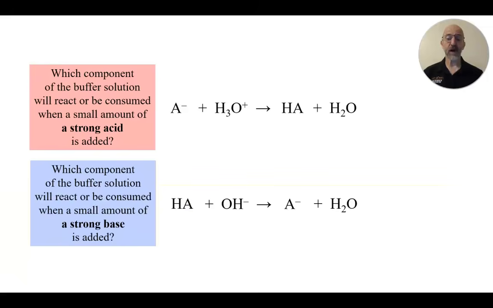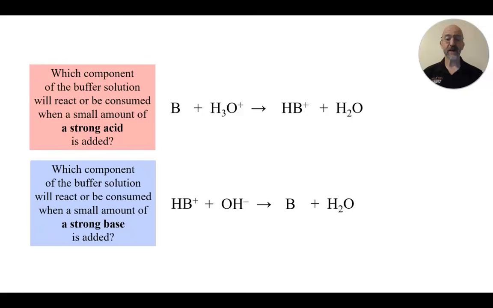So again, to summarize, you have either a strong acid added, and the conjugate base would react, or you have a strong base added, and the conjugate acid would react. Now, what if we have something like ammonia, a weak base, which can be represented as capital B?